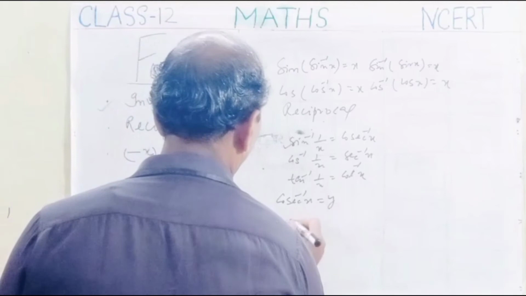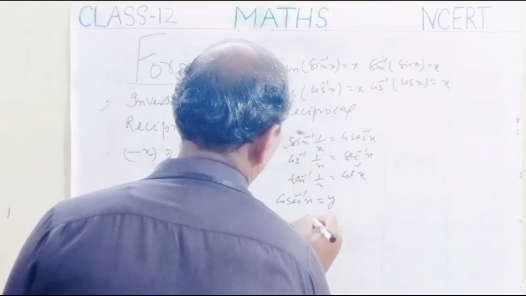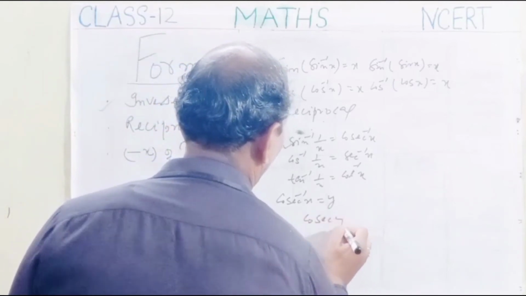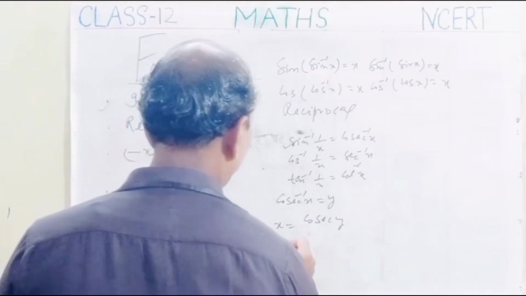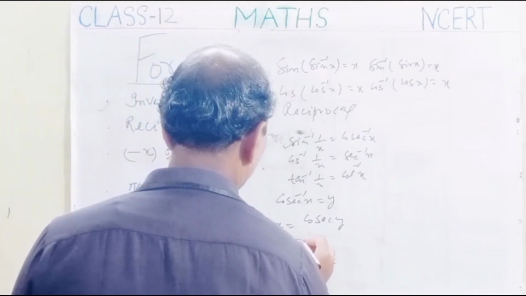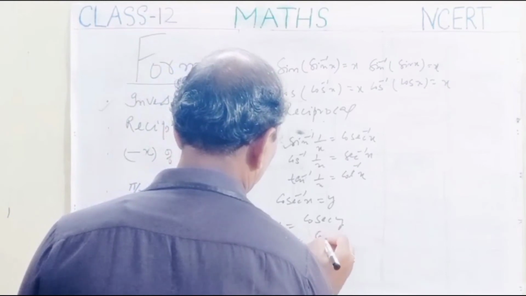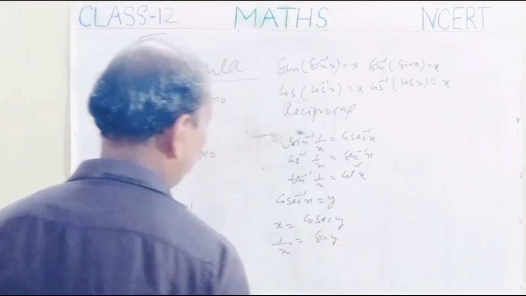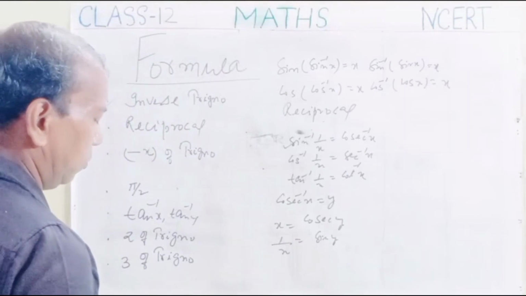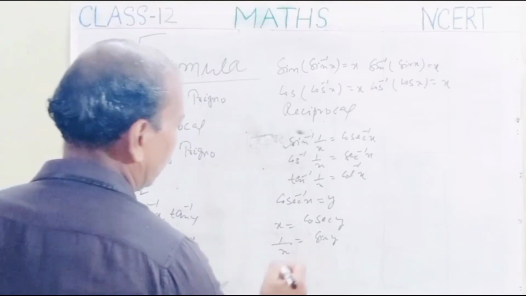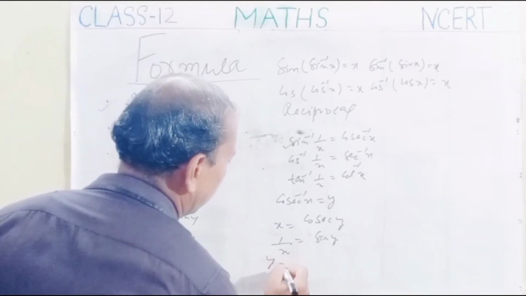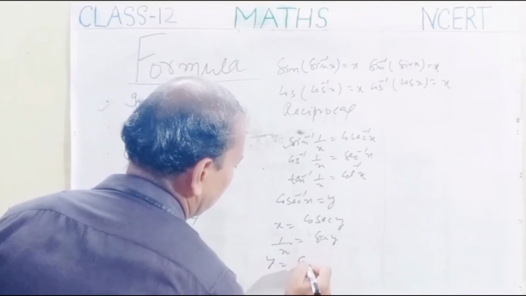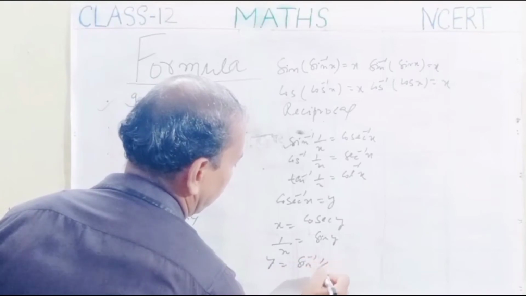Then what is the value of x? x is equal to cosec y, or I can say that 1 by x is equal to sine y, and y is equal to sine inverse 1 by x.